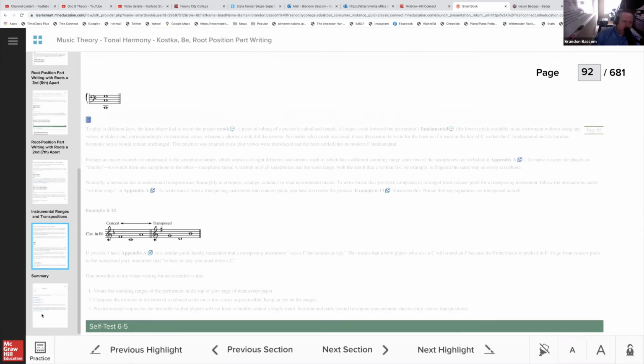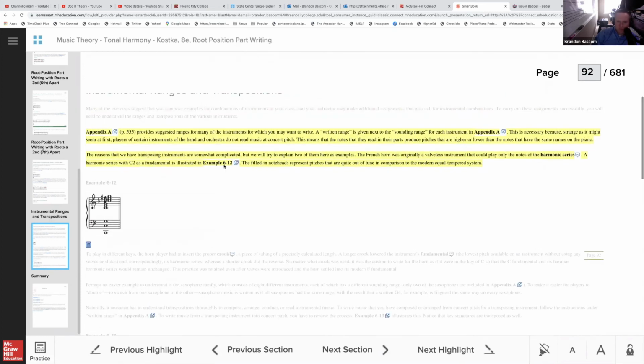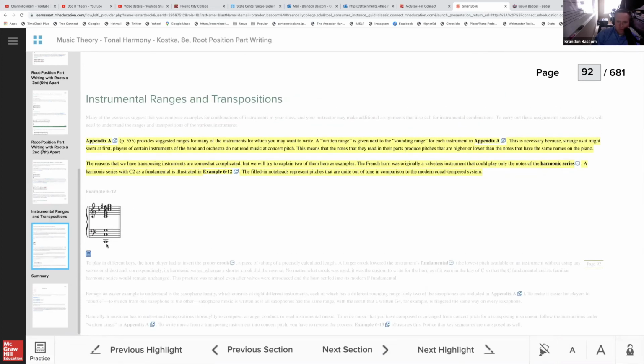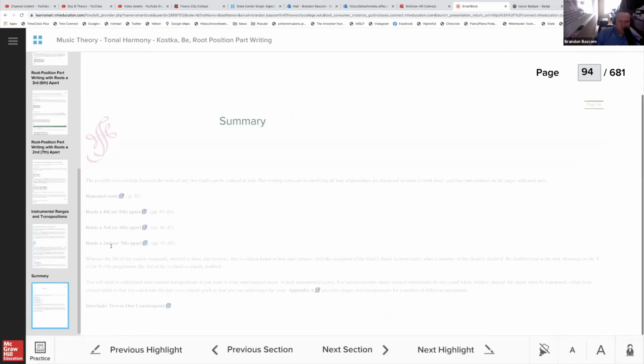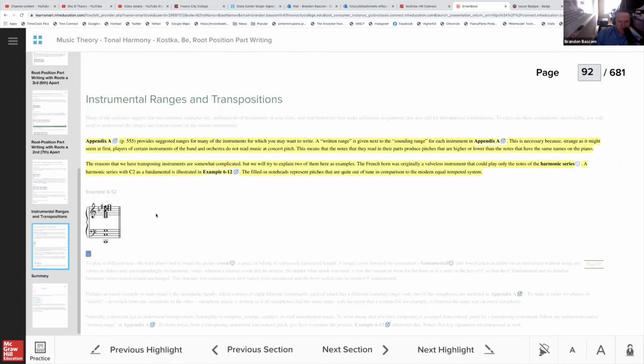Where'd it go? Is it in the summary? Should have been right there. I saw something like that when you went past it. But I think it might be the next chapter. Hold on.